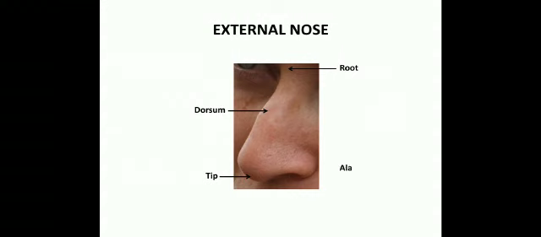In the lower aspect there is an elevated part called the ala of the nose, and in the inferior surface there are apertures which are pyriform in shape. These are called the anterior nares or the nostrils. Each nostril is bounded medially by the mobile part of the nasal septum and laterally by the ala of the nose.